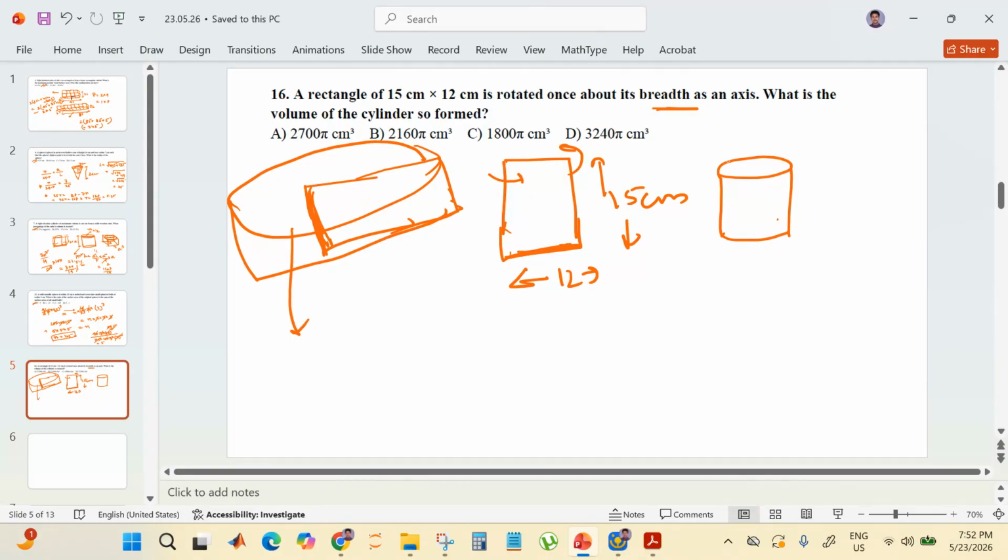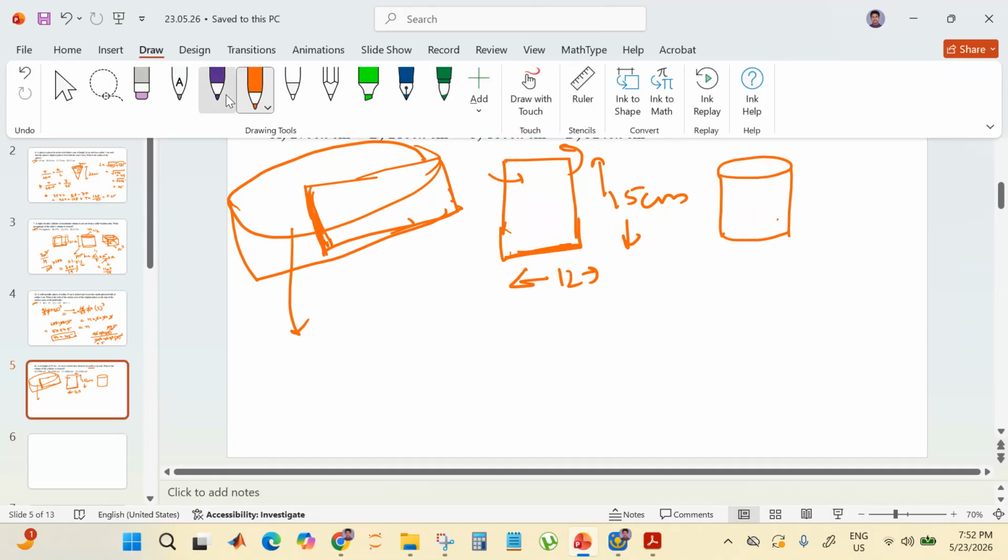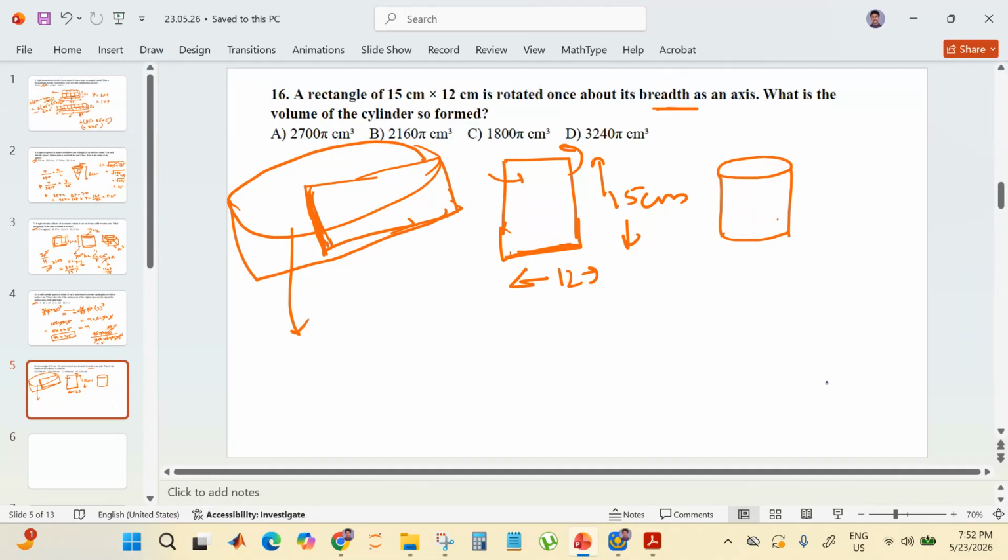So what is the relation? If I consider the opposite way, suppose it is a rectangle and it rotates this way, so it will form a cylinder, right? So what is the relation?